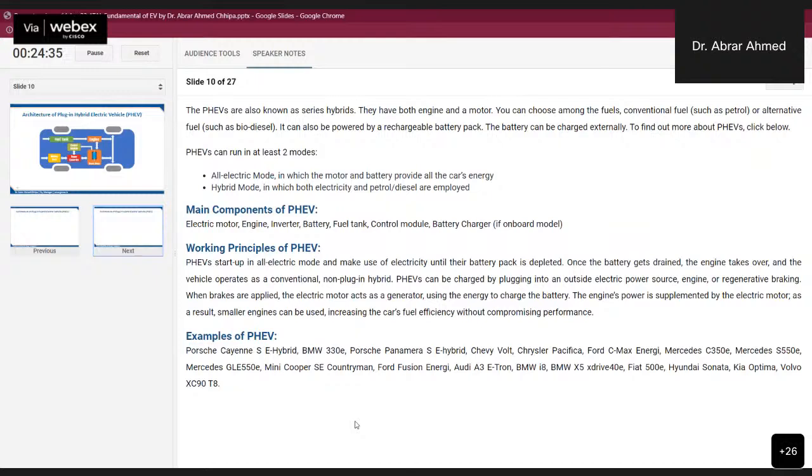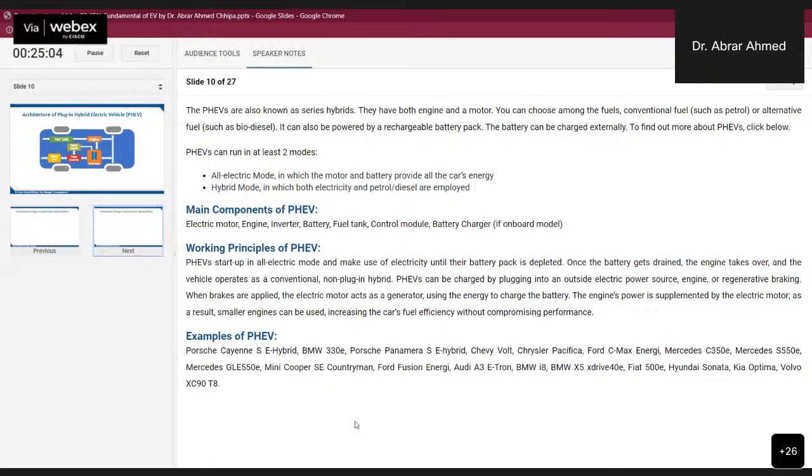Next, I talk about the architecture of a plug-in hybrid electrical vehicle. The plug-in hybrid electrical vehicle has separate inputs. Mainly a PHEV has a petrol engine, so you have the fuel tank, and then you have a separate battery pack that you can charge separately.